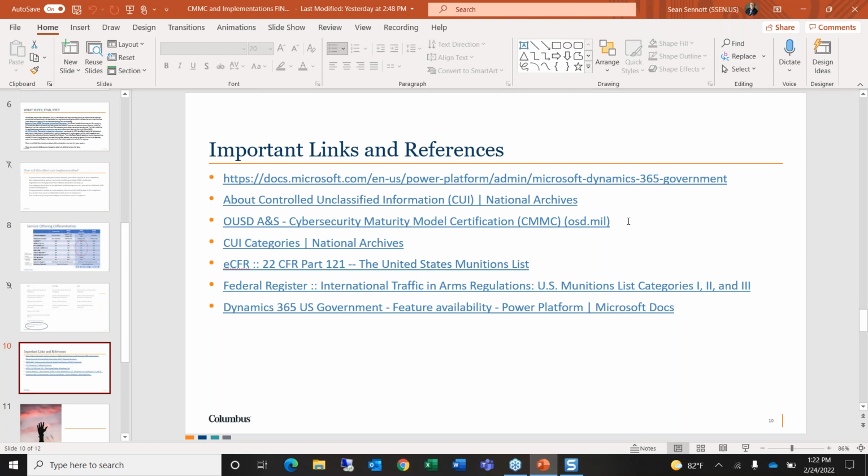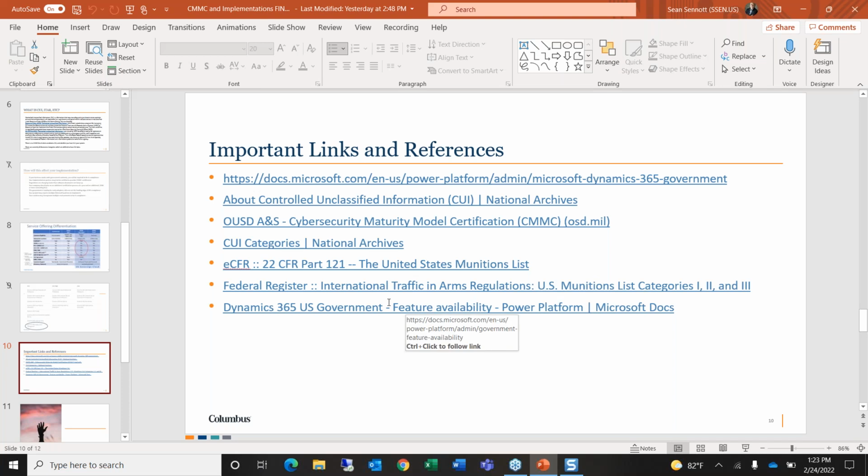The CMMC model certification, here are a couple of other links. National Archives also has, when I was referencing that there are 60 particular business categories that fit under CUI regulations, that's where that list is. You can look at it. The United States Munitions List has to do with people that supply the government with parts, so you might want to reference this.